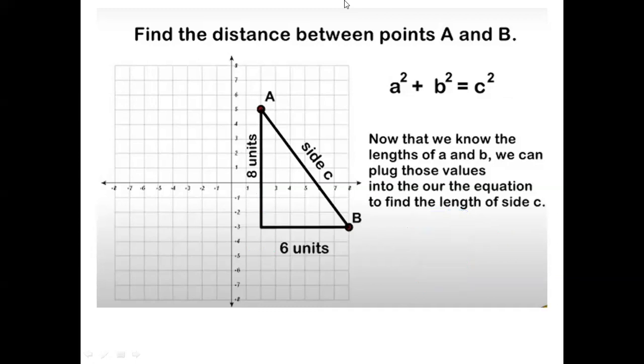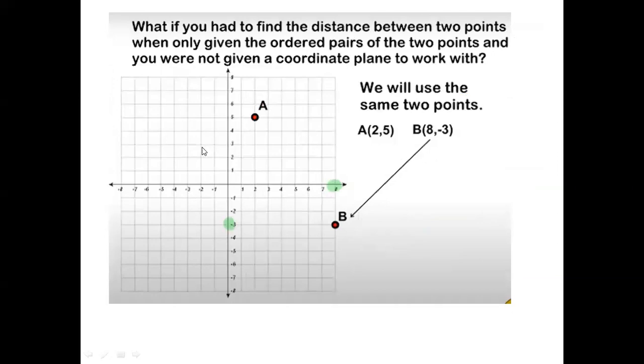Okay, so now we have the same distance of 2 points. So this is the first one, 2 and 5, and the B point has coordinates 8 and -3. But they're not represented on the graph, as you can see.